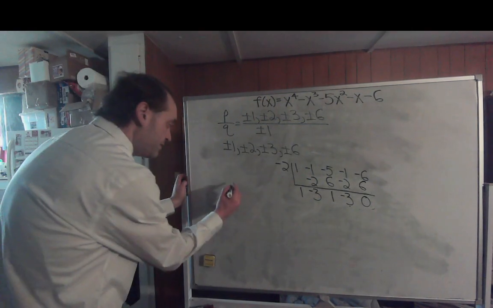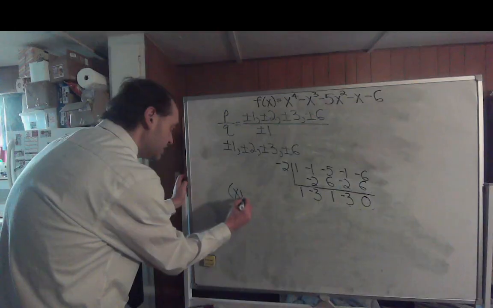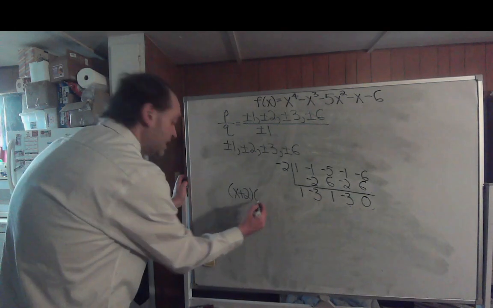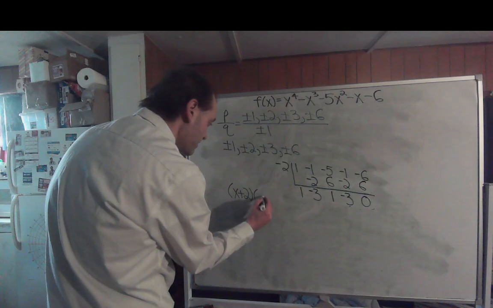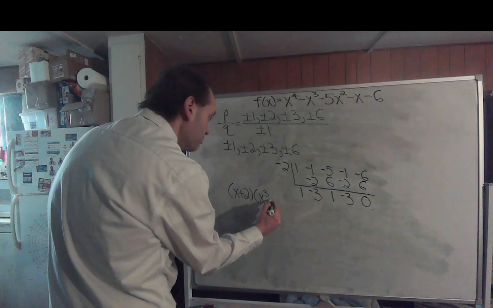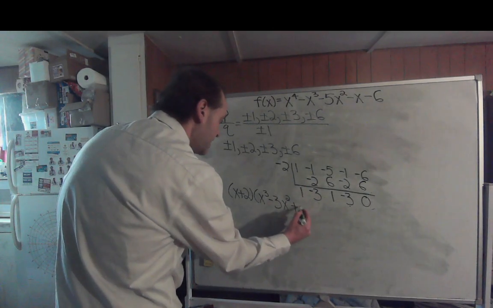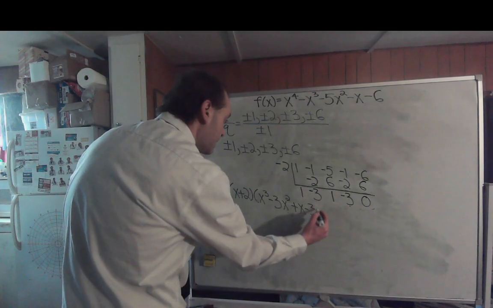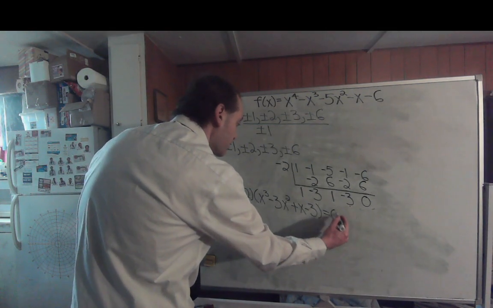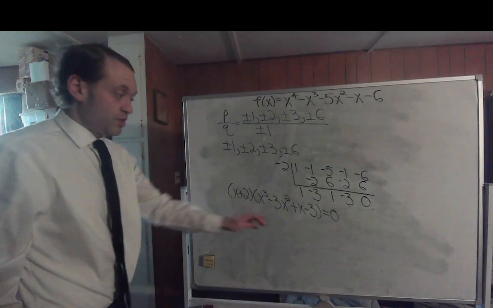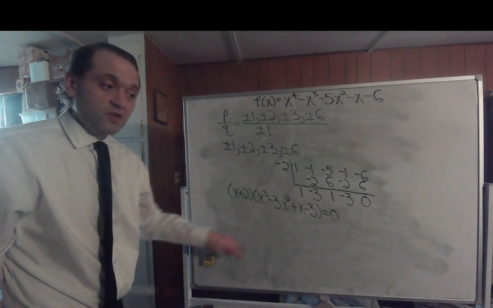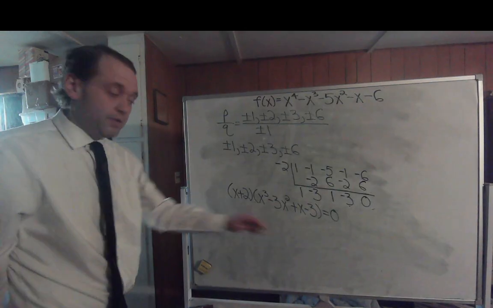So this will now factor into the quantity of x plus 2 times a cubic factor of x to the third minus 3x squared plus x minus 3 would equal 0. Well, good news is your cubic factor, we can definitely solve, we can factor that by grouping, right?